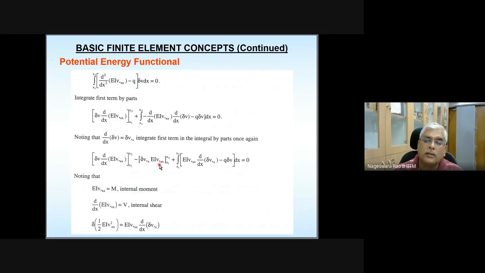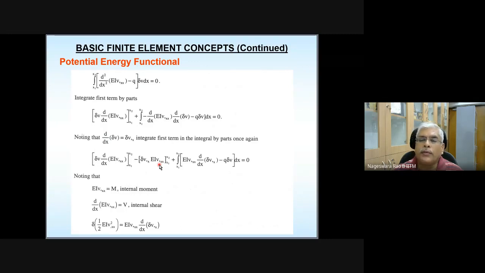And I also told you, wherever you apply an essential boundary condition at that location, the variation of the admissible solution is going to be 0 at that location. Please note that for a beam problem you have two essential boundary conditions: one is transverse displacement, another is slope or rotation.